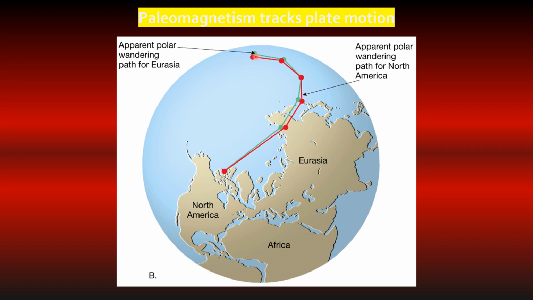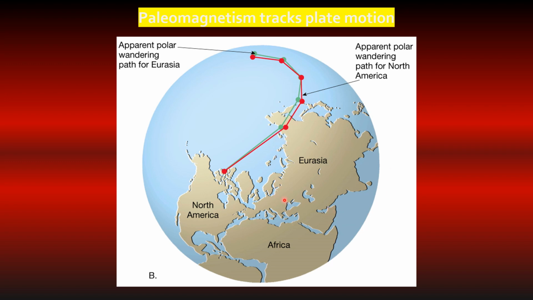And at the time that the Earth was sort of in a phase where all the continents were clumped together in something we call a supercontinent. You've probably all heard of Pangea. That's the youngest supercontinent. There were actually a number of them before that. We see the polar wander is the same, and we can match those up and figure out where those plates were at the time that crust was being generated.